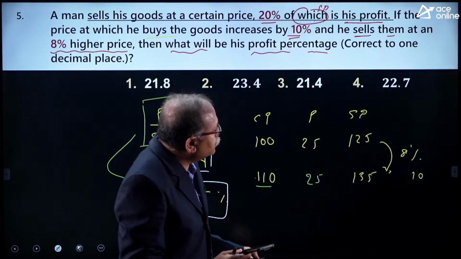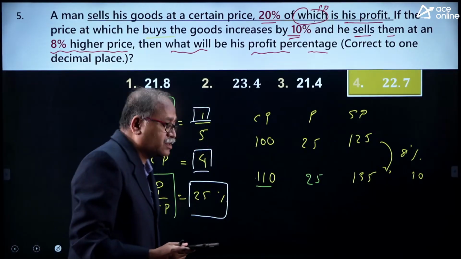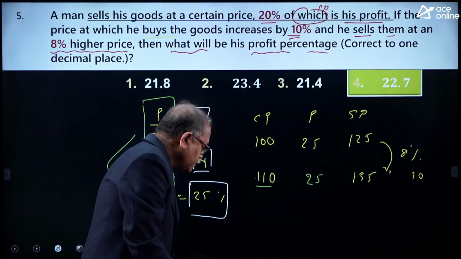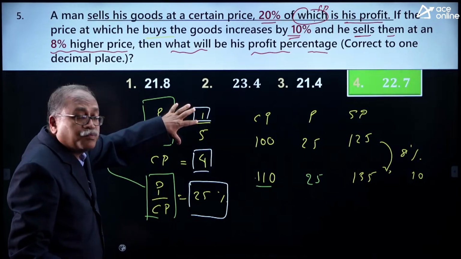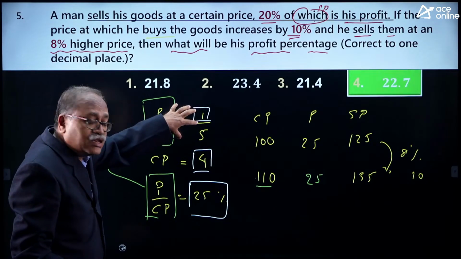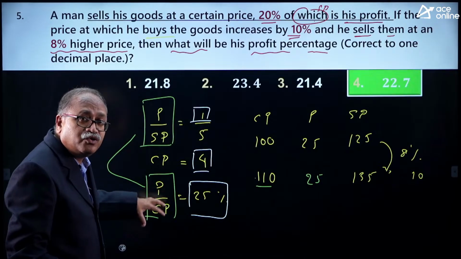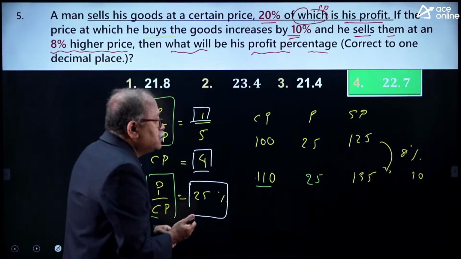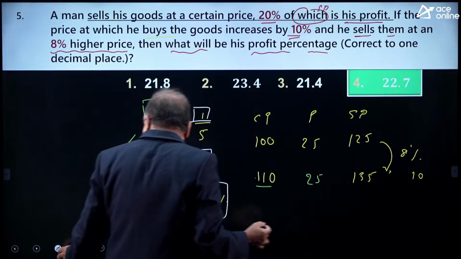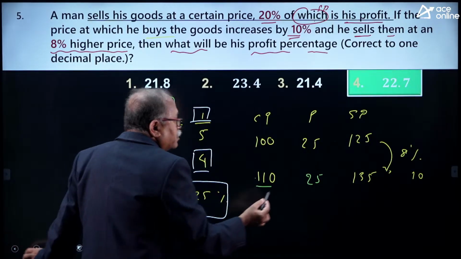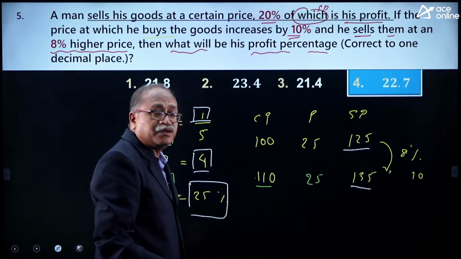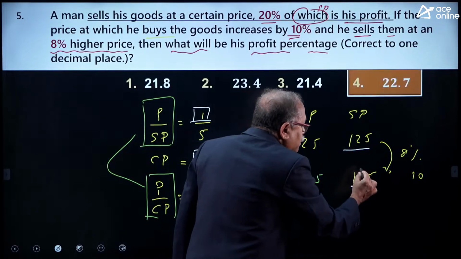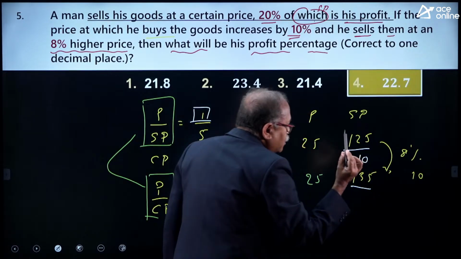Let me check that. 22.7 is the answer, yes, that's right. So, here there is one part, converting the profit on selling price to profit on cost price. The rest is very clear. How many parts are increased from here to here? That is 10 parts increased. Am I right?